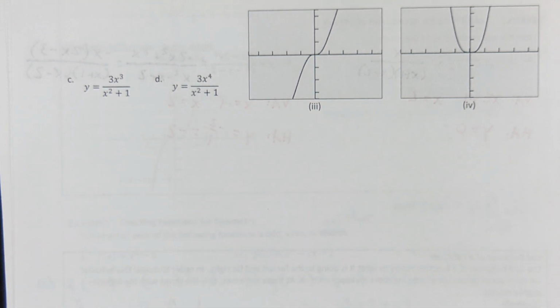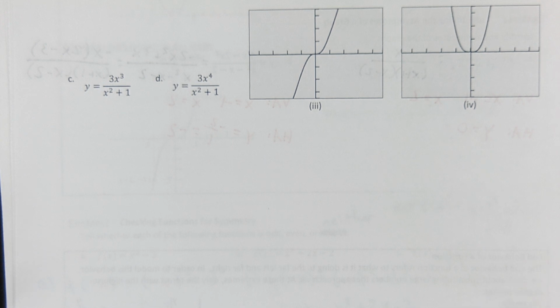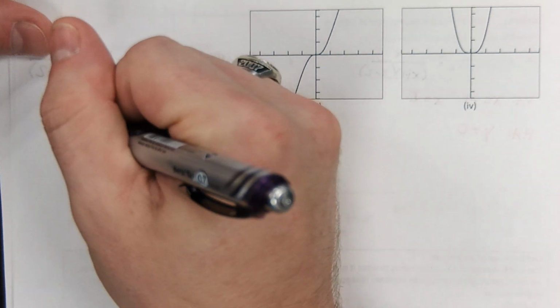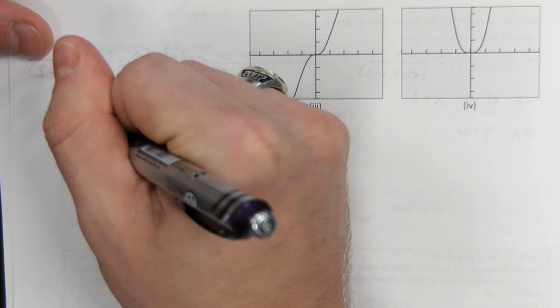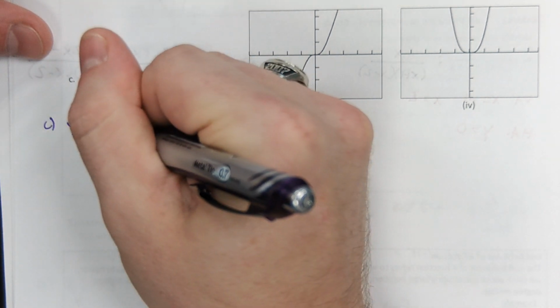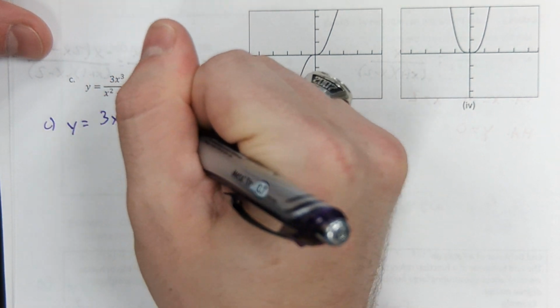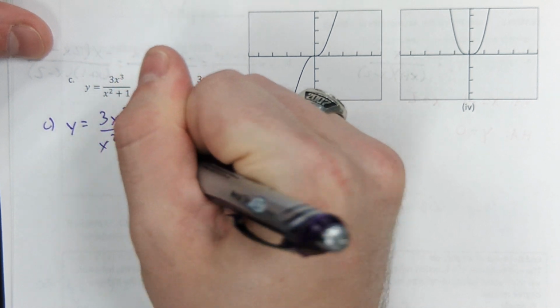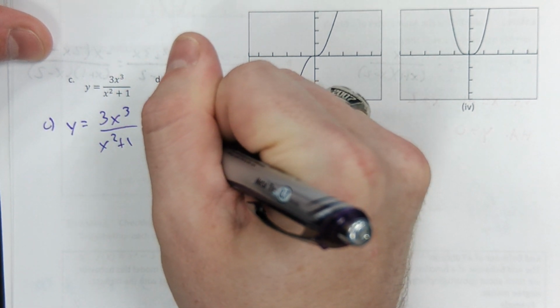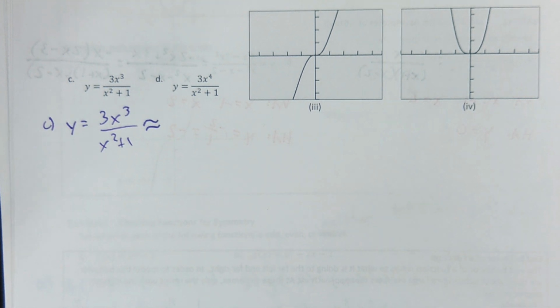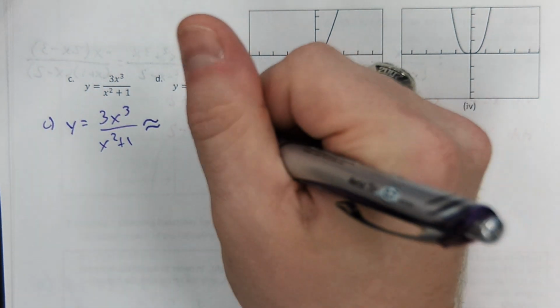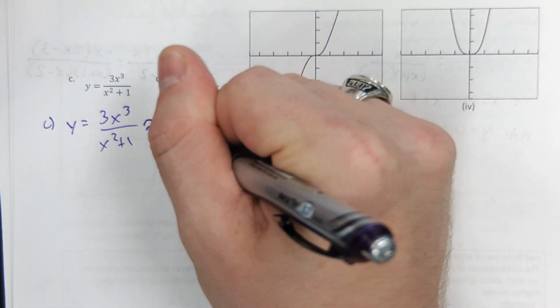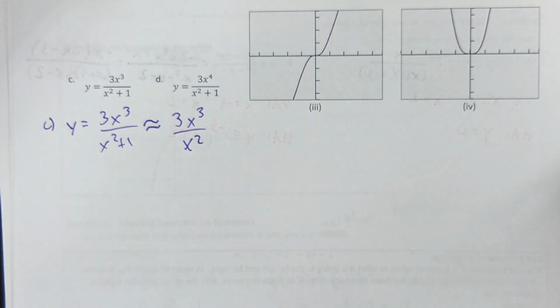That means neither one of them has a horizontal asymptote. So what we do in order to find our end-behavior model is we say, well, if x was sufficiently large enough, then this equation is essentially equal to 3x to the third over x squared.